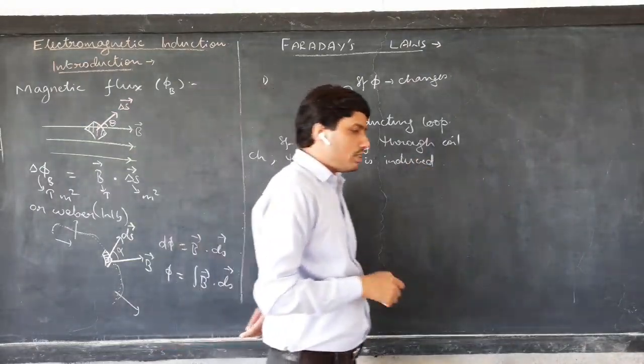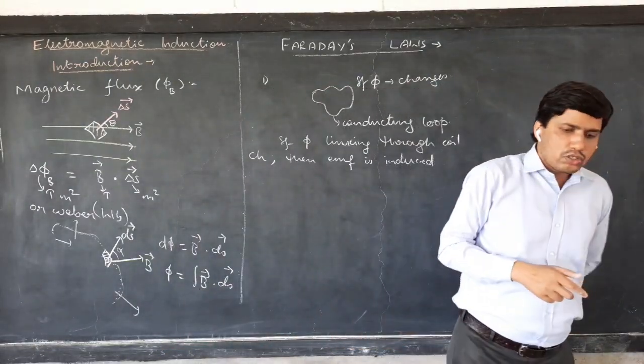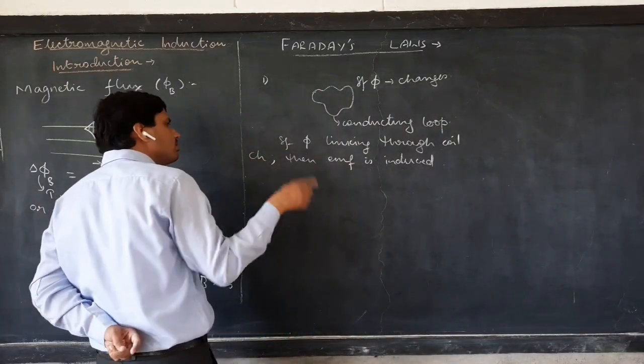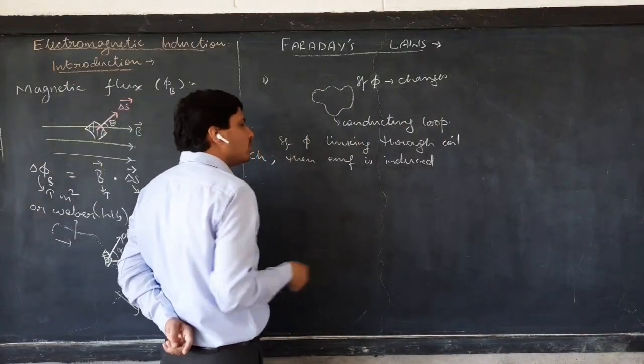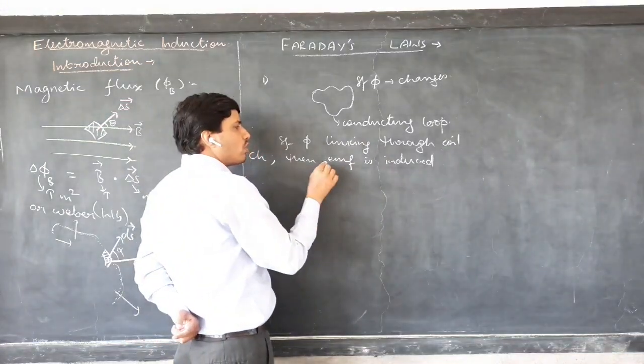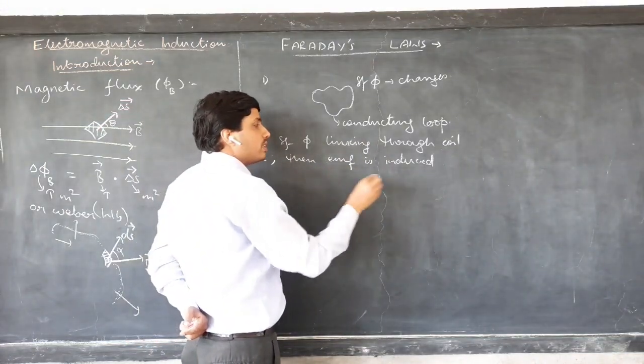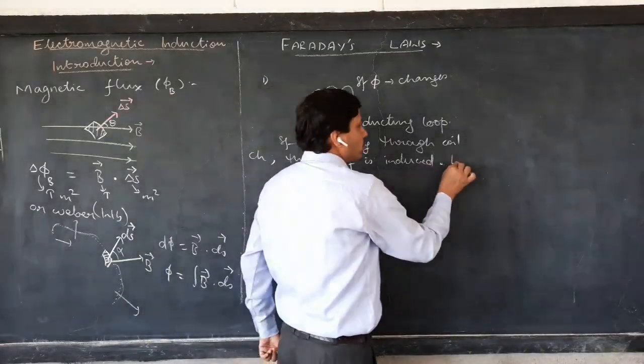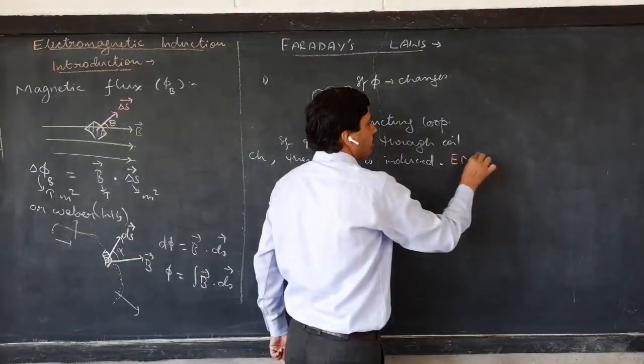A potential difference is induced in the coil, and if it is closed, then that potential difference will result in some current. So electrons will start moving in that particular wire. There will be some current which we call induced current, and this phenomenon is called electromagnetic induction.